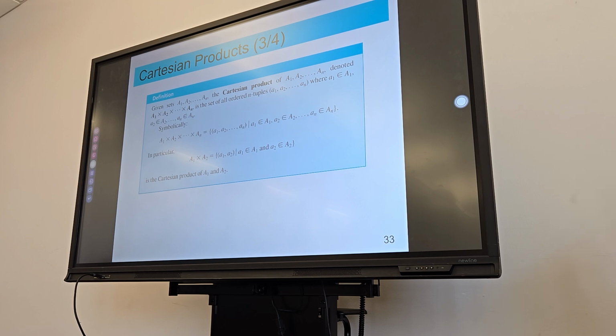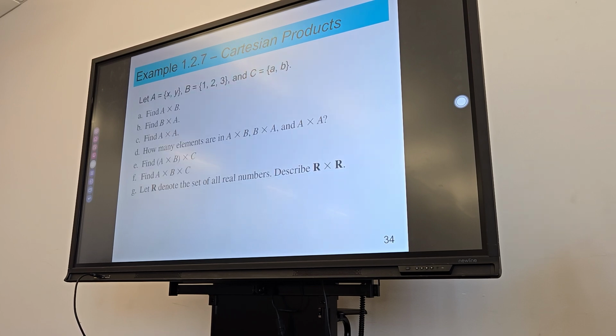So if you're just doing a Cartesian product of two sets, A1 and A2, a1 is an element of set A1, and a2 is an element of set A2. It's basically all combinations of the elements between the two or more sets.